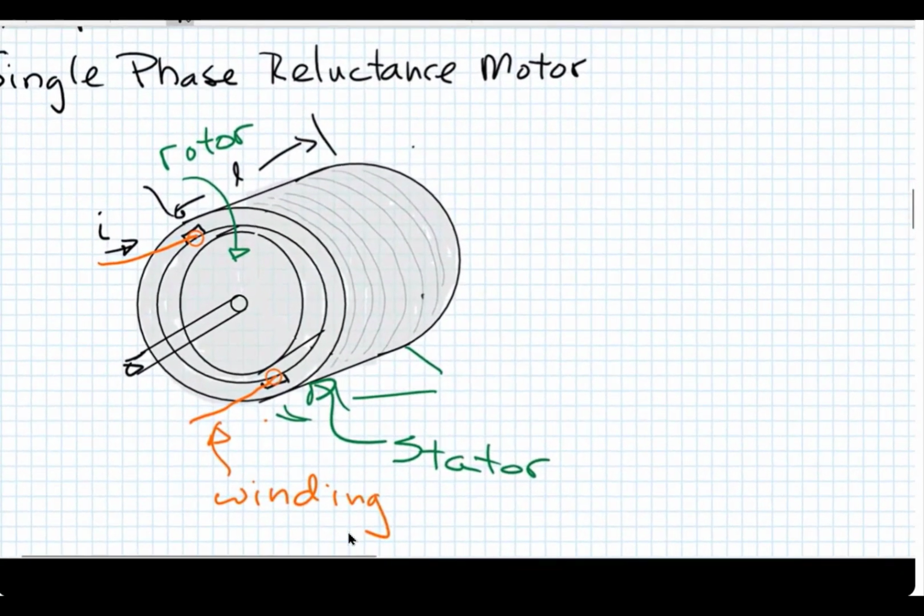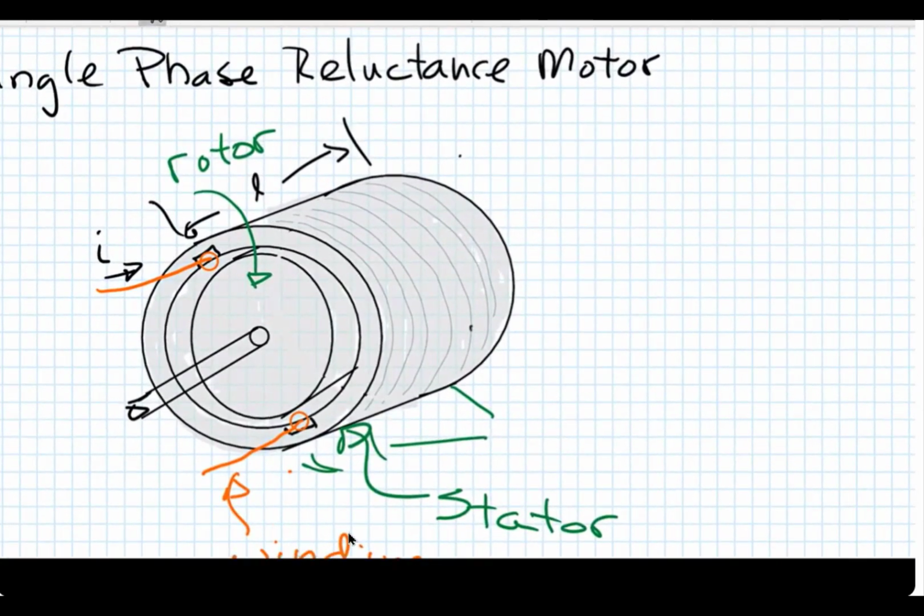If I were to zoom in on this, there'd probably be a little X right there, and there'd be a dot right here. In reality, on the other end of the machine, this winding folds over around the outside. They usually call this an end winding. So it's going to come back to the other side.